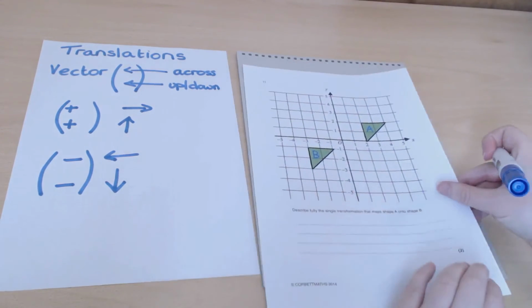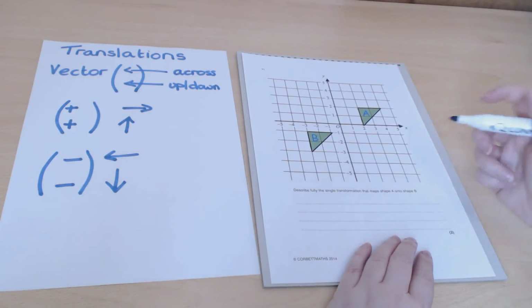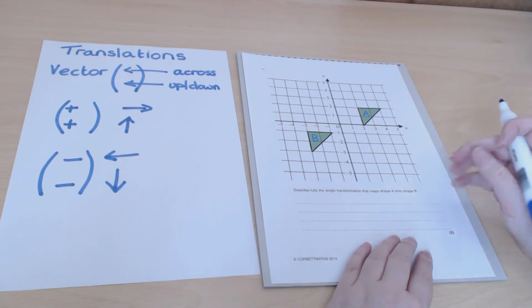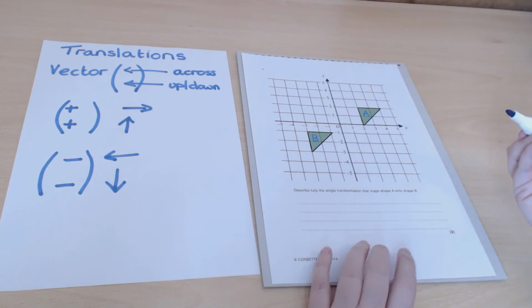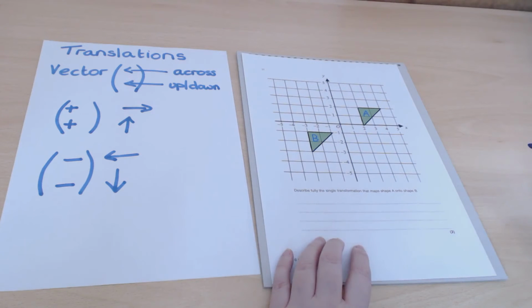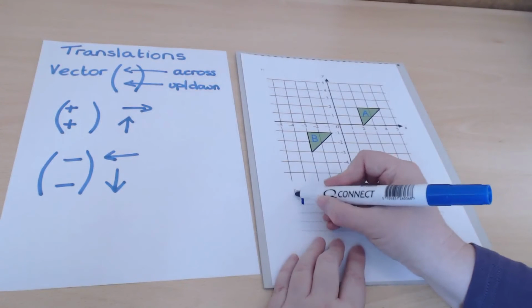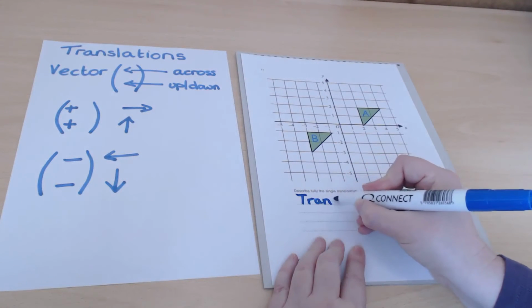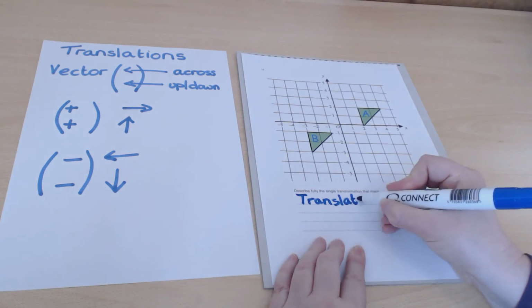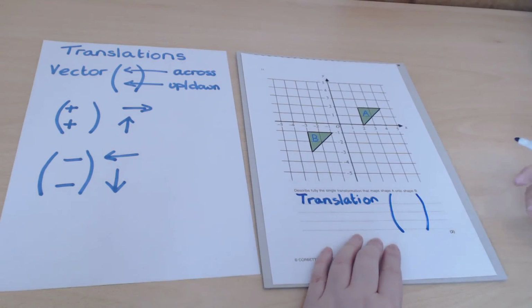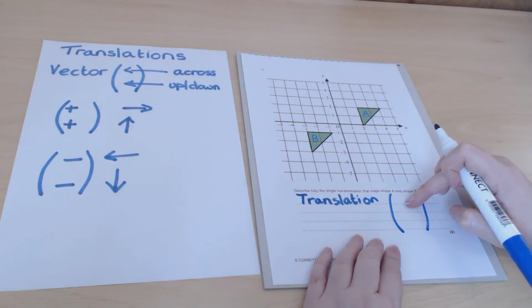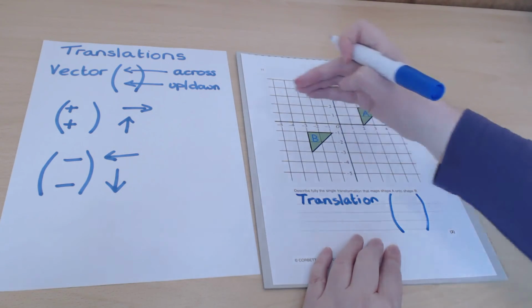Same idea again. We've got our two triangles here, and A goes to B again. It says describe fully the transformation, so this time we need to tell them that it's called a translation as well, and then give them the vector. In the across direction, which is what we have on the top, it's gone backwards.